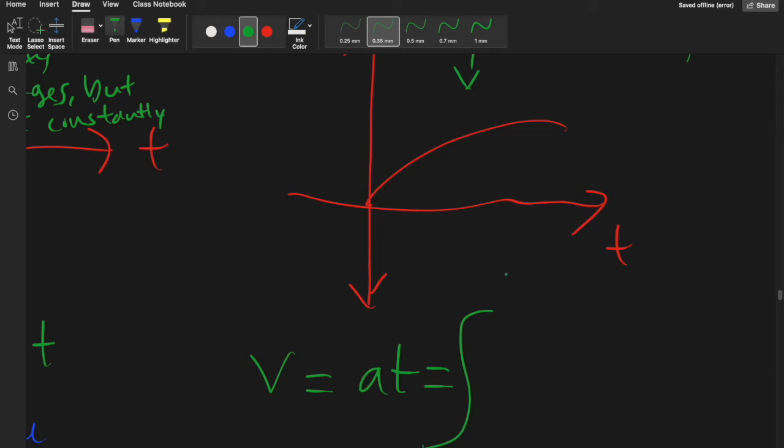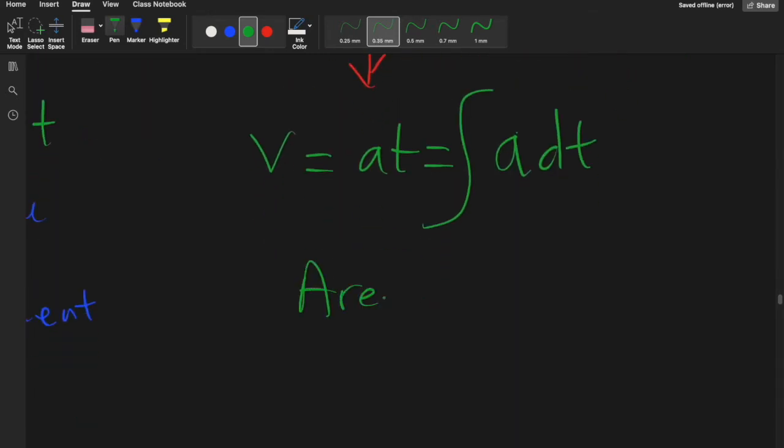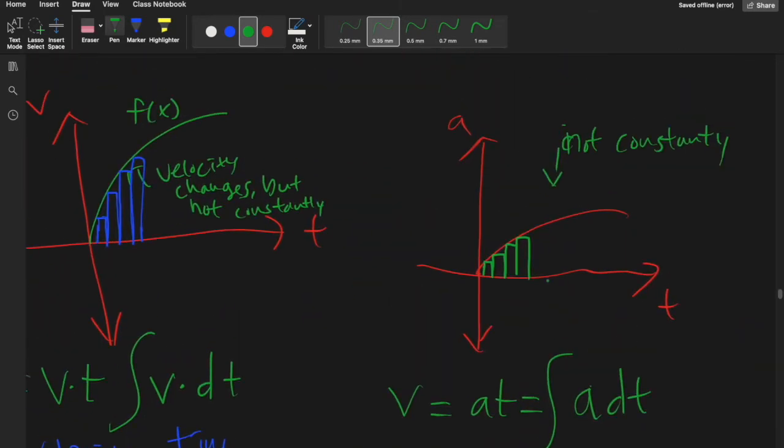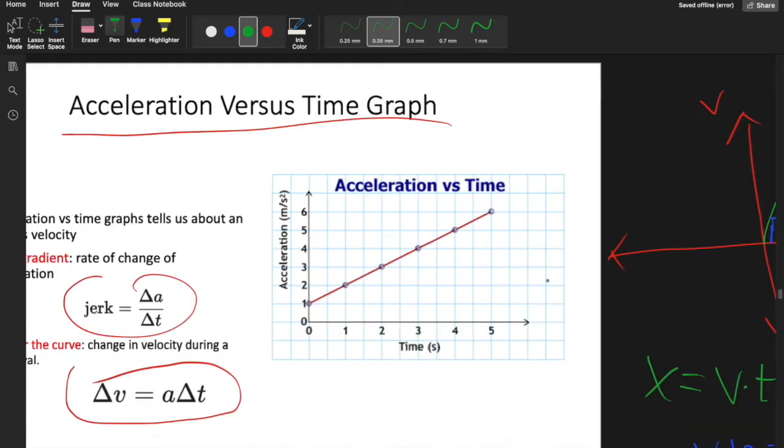But because it's not changing constantly, we will use integral, where Riemann integral formula will be like a times dt. And same thing here, this integral is also calculating the area. And that's why area represents velocity. And yeah, so I hope this just give you an intuition of what area means and what calculus is, right?